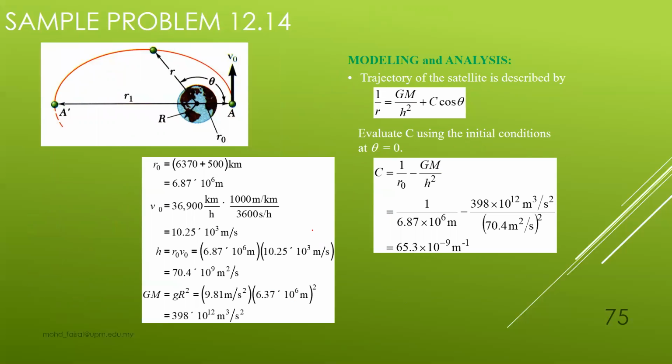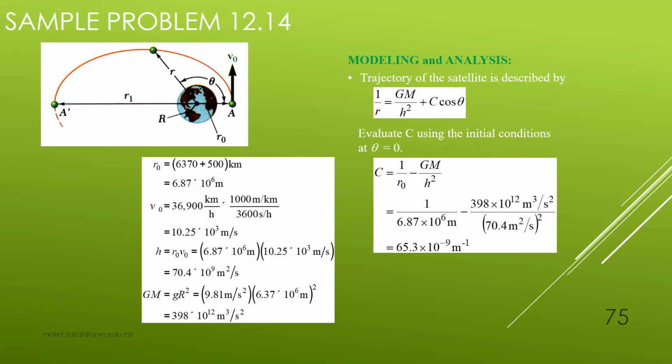Now we can first get the value of R naught, or R0, which is equal to this. This is the radius of the Earth plus the radius from A to the Earth's surface, 400 kilometers. So this is the value.